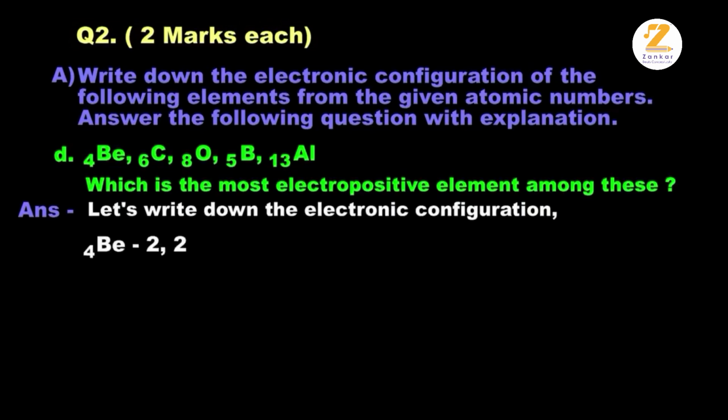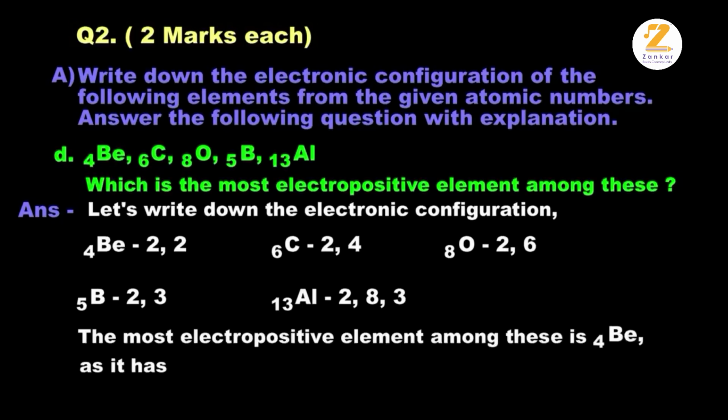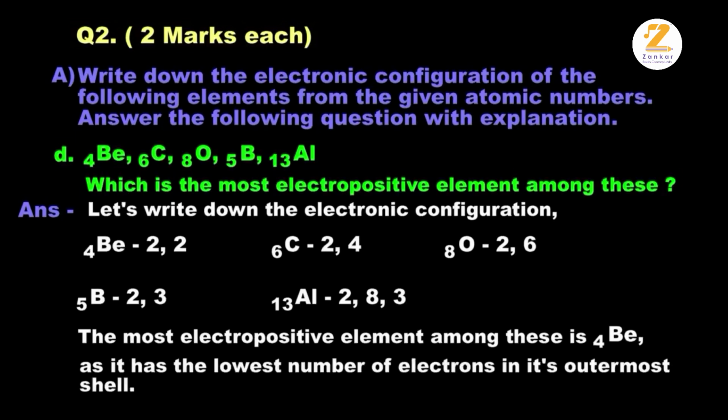Beryllium 2, 2, carbon 2, 4, oxygen 2, 6, boron 2, 3 and aluminium 2, 8, 3. The most electropositive element among these is beryllium as it has the lowest number of electrons in its outermost shell.